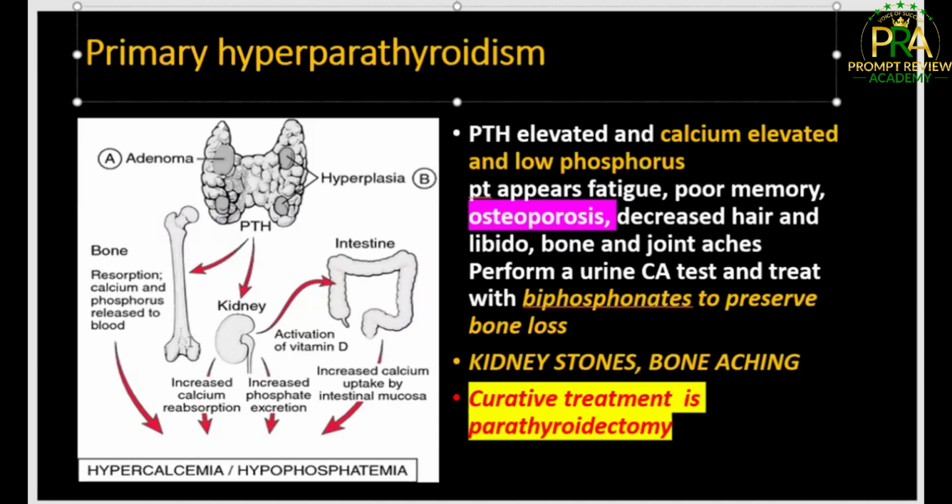So it's always caused by maybe they have a parathyroid adenoma, leading to elevated parathyroid hormone and hypercalcemia, high calcium and low phosphorus. So excess PTH increases bone resorption, renal calcium reabsorption, and intestinal calcium absorption.